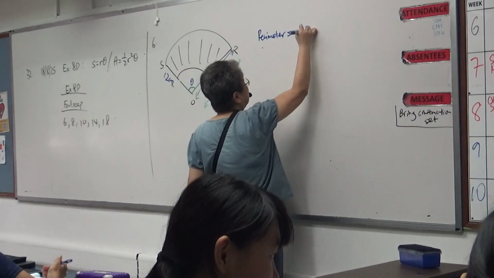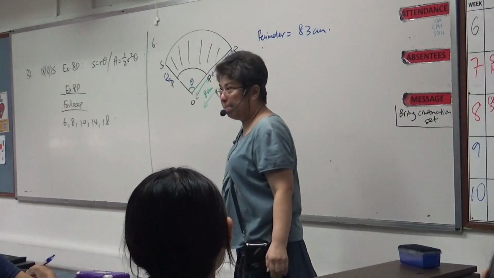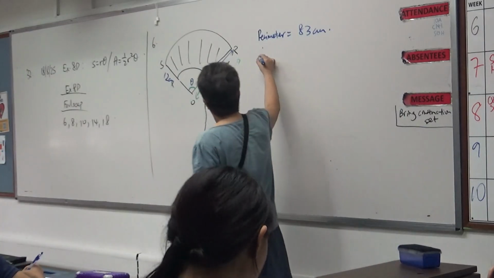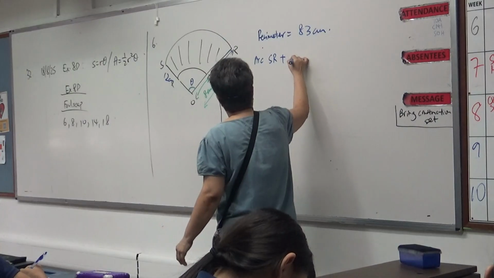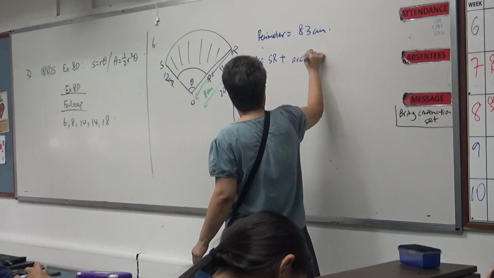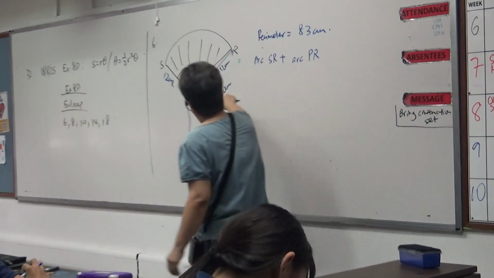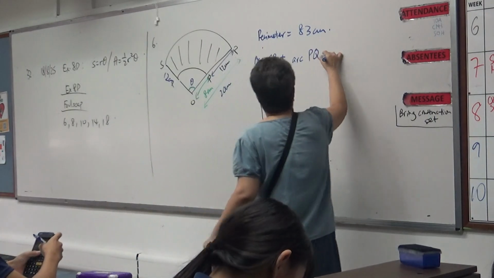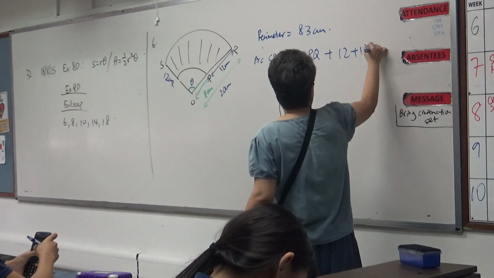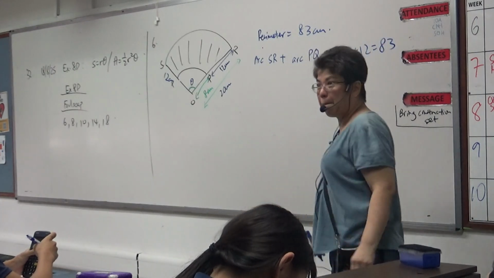Perimeter is 83 cm. That means it must be arc SR plus arc PQ plus 12 plus 12. That is 83, right?